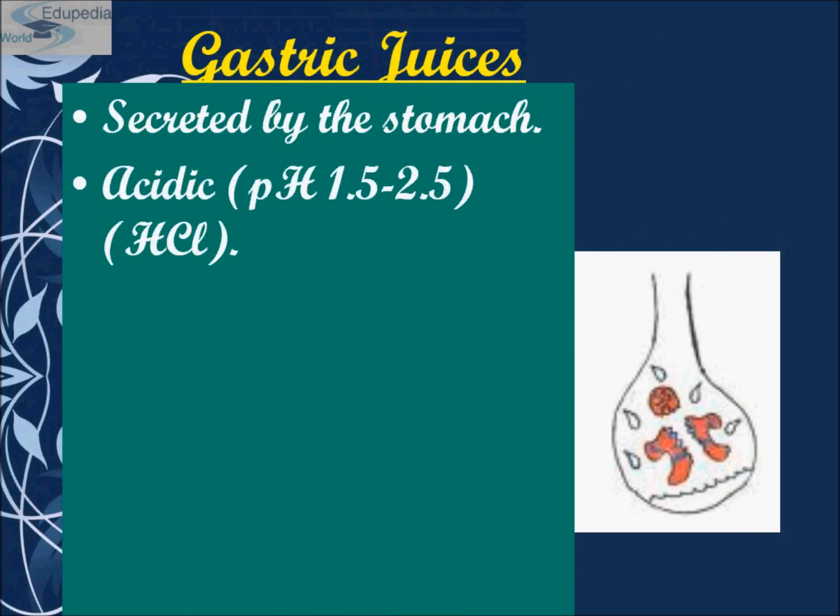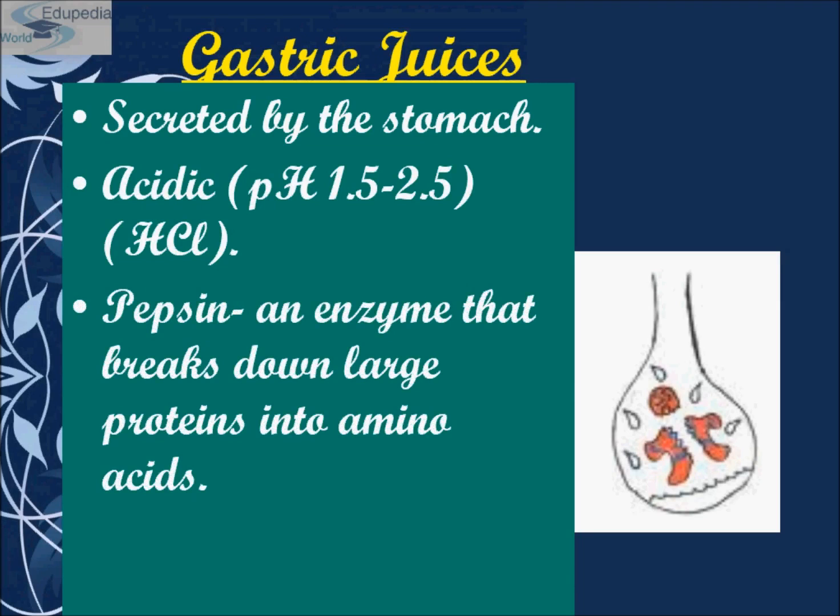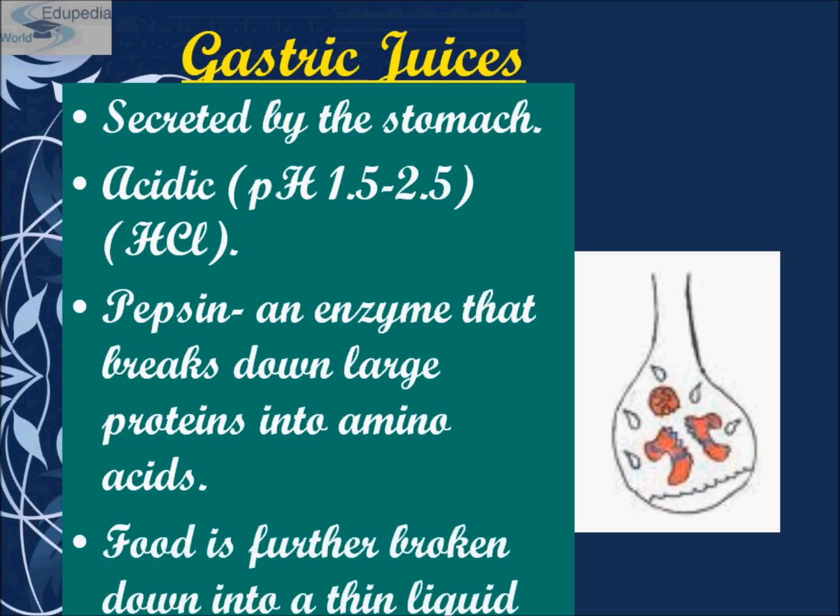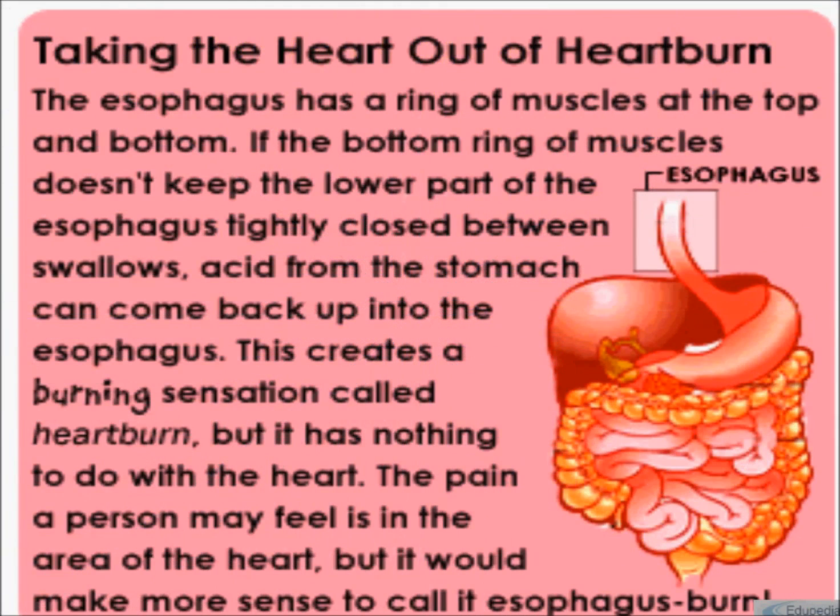The pH is about 1.5 to 2.5, all because of the hydrochloric acid. Pepsin is an enzyme that breaks down large proteins into smaller subunits, that is amino acids. Food is further broken down into a thin liquid, that is chyme.